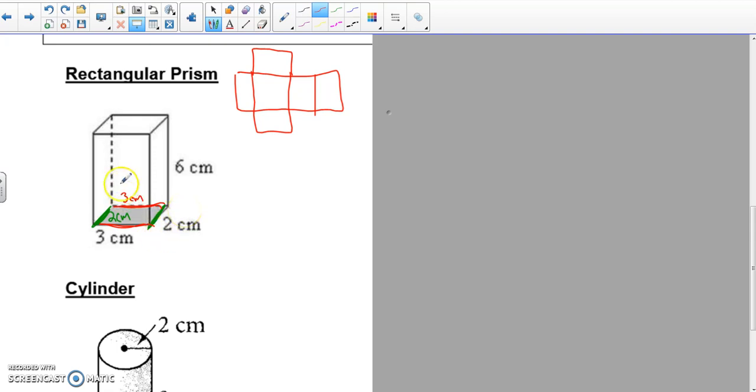Since these bases are the same, we have a 3 here, a 3 here, a 2 here, a 2 here. The height is 6, that means all the heights of all these rectangles are 6 centimeters everywhere.